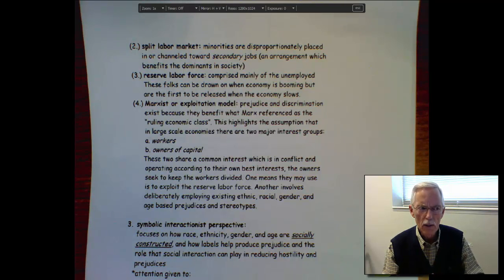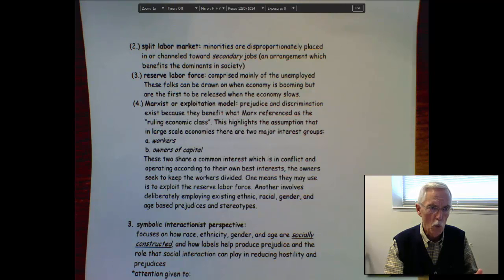Now, don't get the impression that the owners just got together in a smoke-filled room and decided to do this because they were evil. But rather they saw a chance to, again, weaken the position of the workers by doing just that. And the argument being, in the end, well, who do the workers blame for their problems? Well, they're going to turn on one another. They won't develop a class consciousness, an awareness that, hey, we're all in this same boat together and we're being taken advantage of.